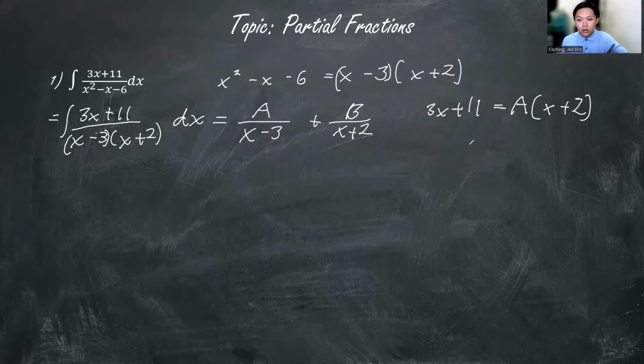plus B. As this is x plus 2, all that's left is x minus 3. So plus B times x minus 3. Okay. And as you can see here, now let's solve.